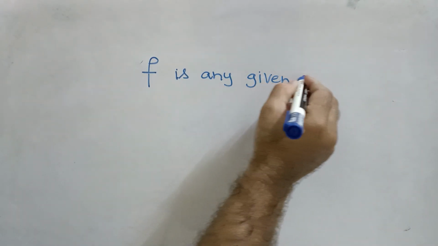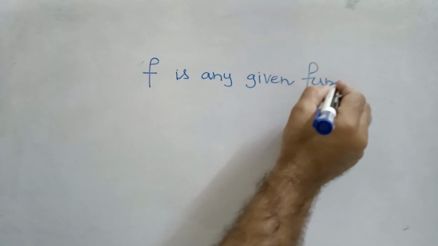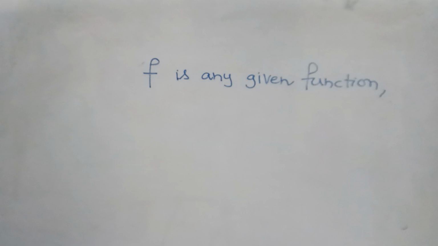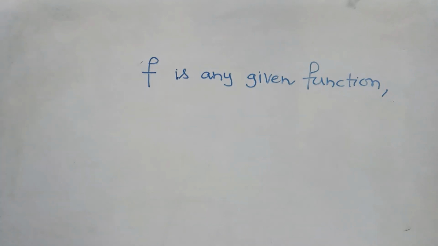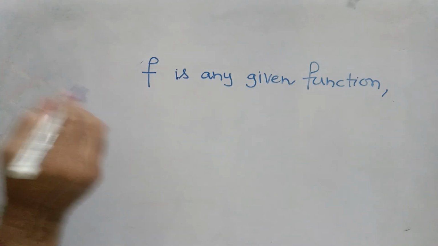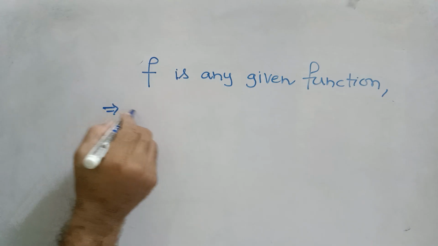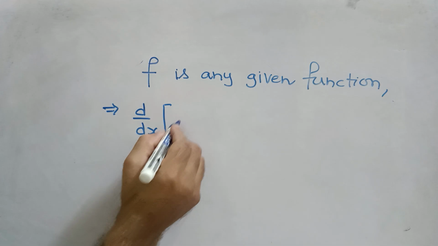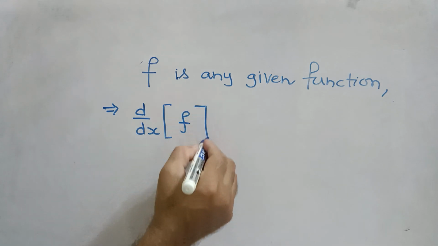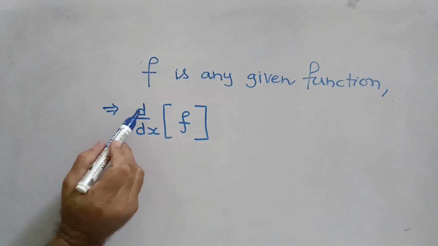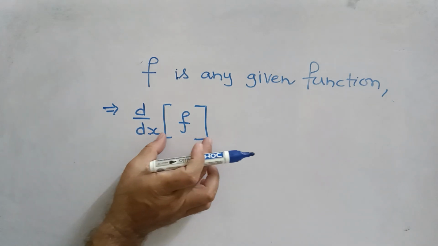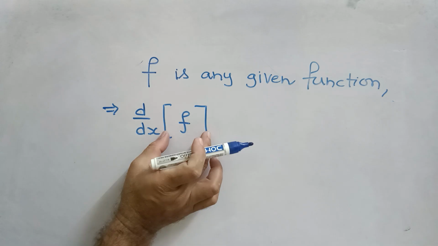Then what is the derivative of this? The derivative of f is nothing but d by dx of f. I can write like this: d by dx of the function, where the function is the given function f.